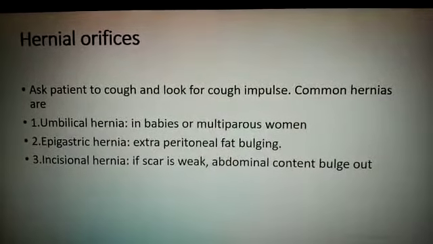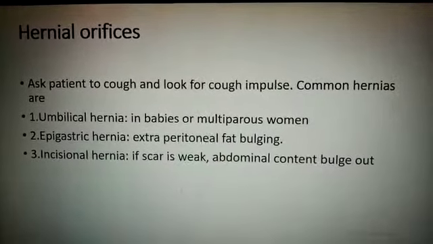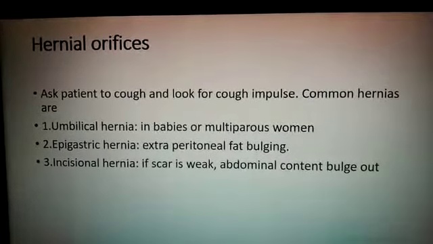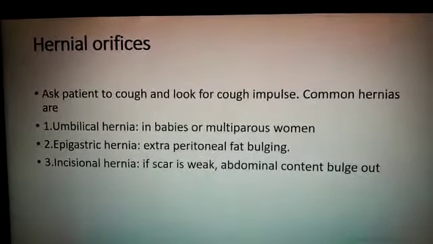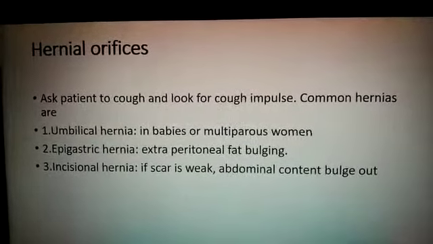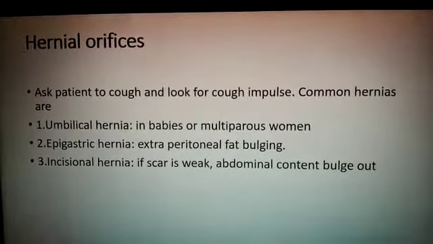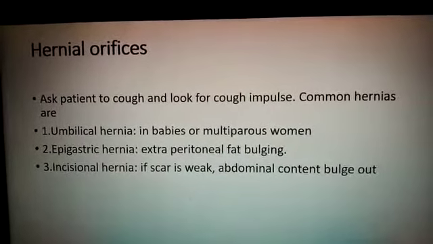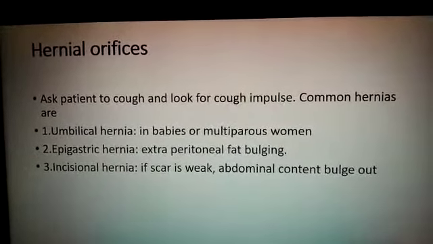Epigastric hernia is extraperitoneal fat bulging. In incisional hernia, if the scar is weak, abdominal content bulges out. Then we will discuss inguinal hernia.